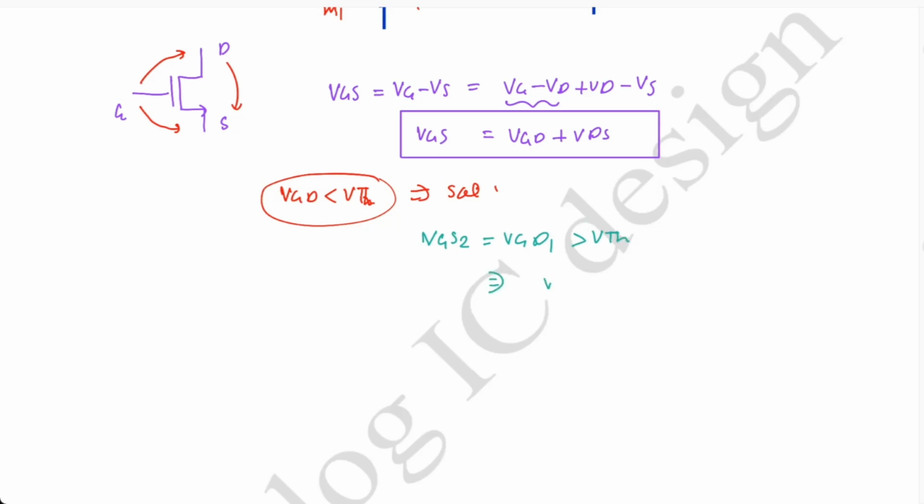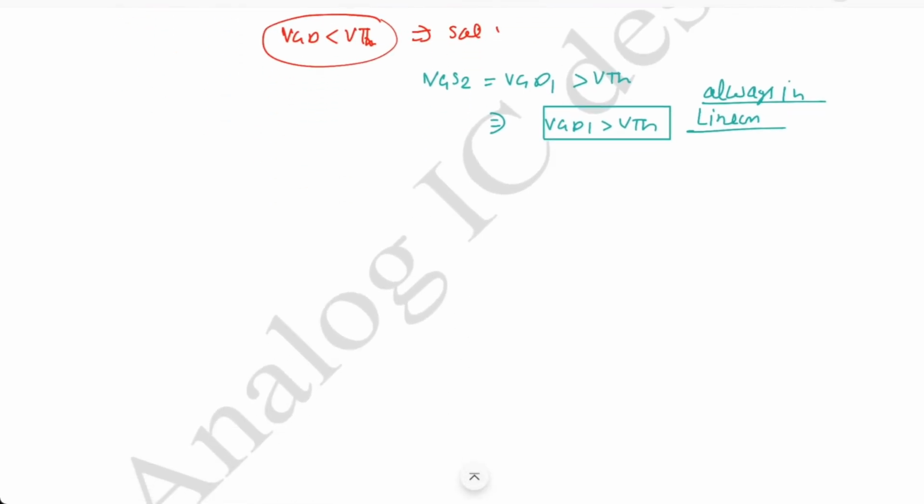So from here, VGD1 is greater than VTH. So if there is any current flowing through M2, then M1 will always be in linear region. We can also calculate the overdrive voltage, and that way we can prove it.